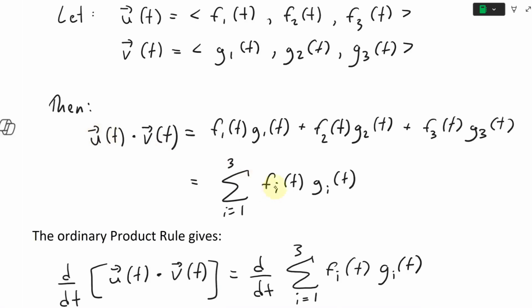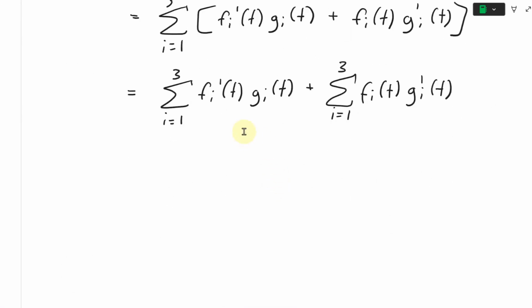So this equals the dot product of u vector prime with v of t, plus, going backwards now, u vector of t dot product with v prime of t.